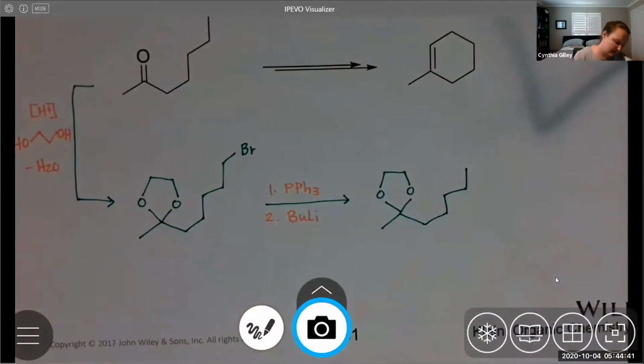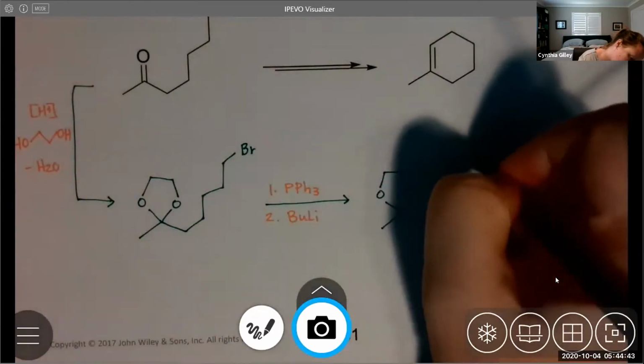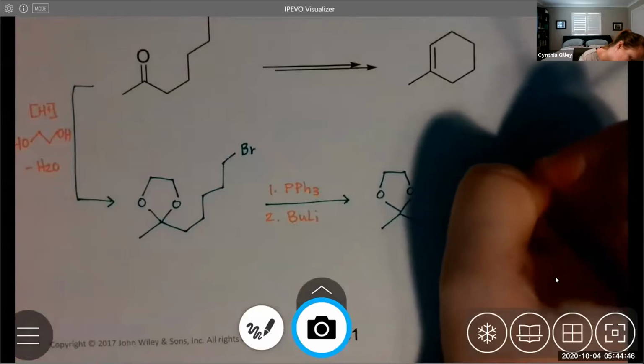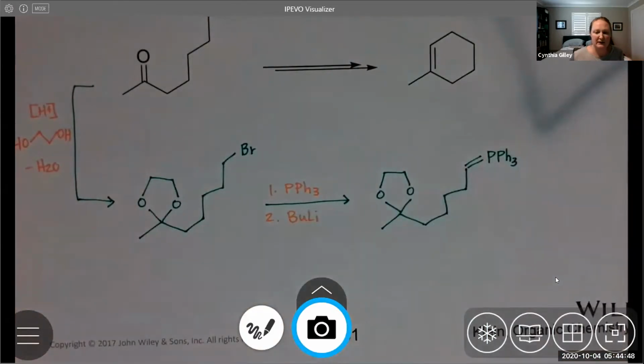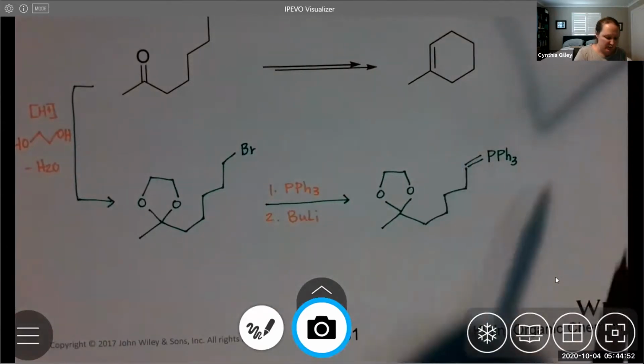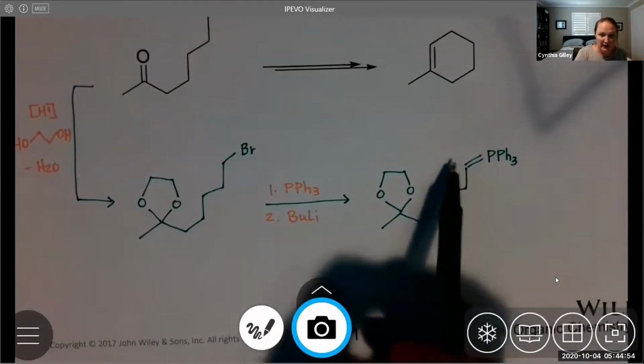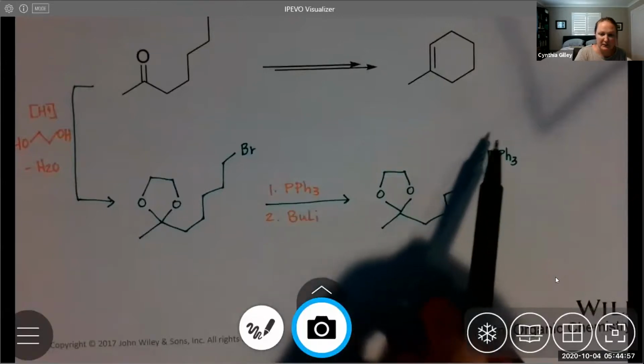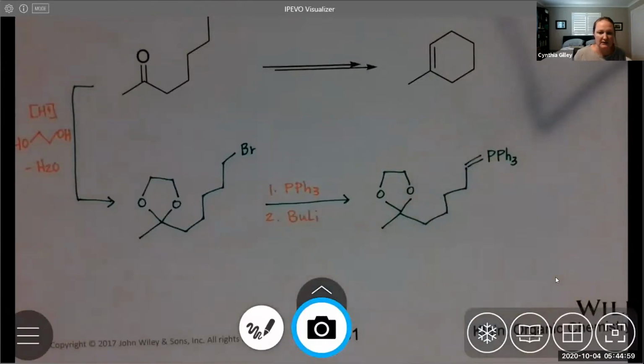Right, so we are going to form, and you can draw either resonance contributor for the ylide that you want to. So you can either draw the double bond, or you can draw the carbon with a lone pair and an anion, and the phosphorus with a positive charge and just a single bond between the carbon and phosphorus.